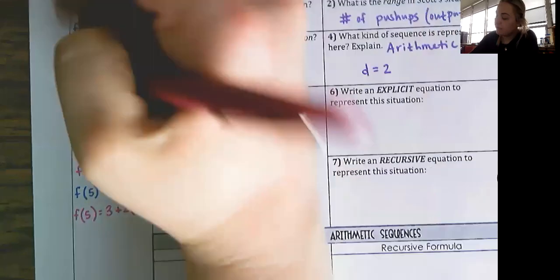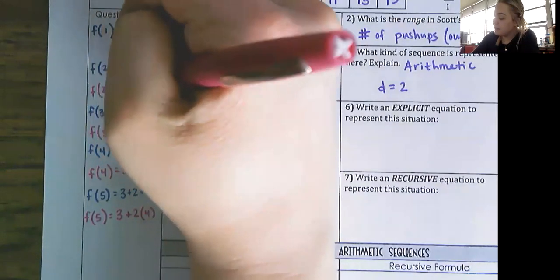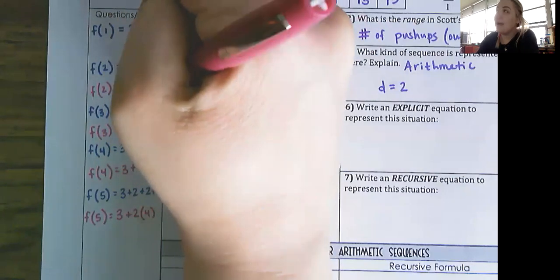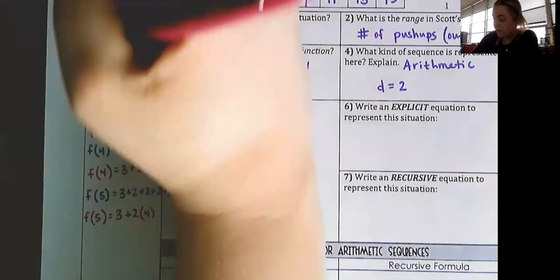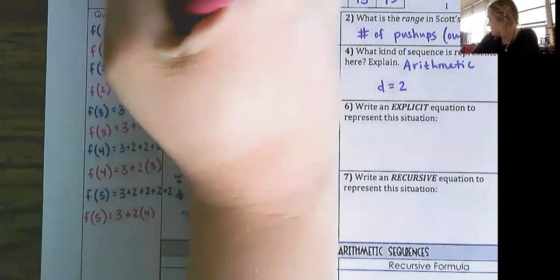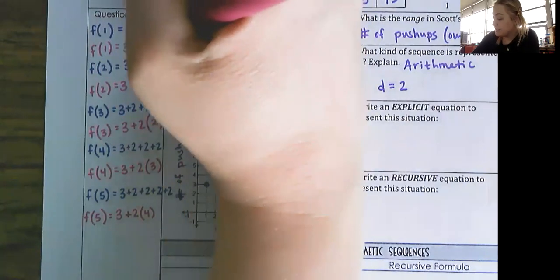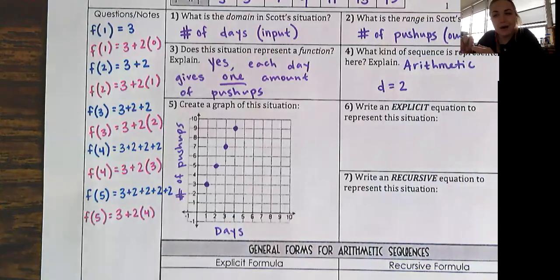If we go up to the one before it, f of 2, that was 3 plus 2 1 time. Now I'm going to be silly. I'm going to go back to f of 1. That was 3 plus 2 0 times.